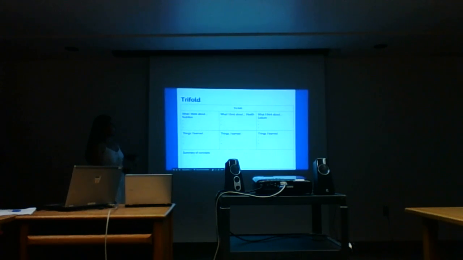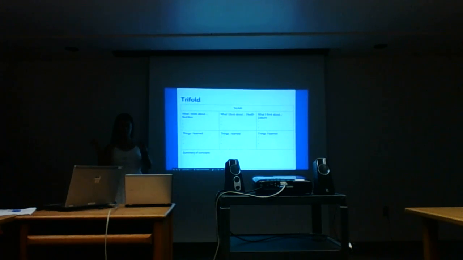Okay, so in this case we have the trifold, and I think everybody knows. In the first part, it's what I think about. As he just said, the first one is about nutrition, then health, then leisure activities. In this first moment, we are just expecting different ideas, for example about nutrition, like eat vegetables, drink plenty of water, or something like that.